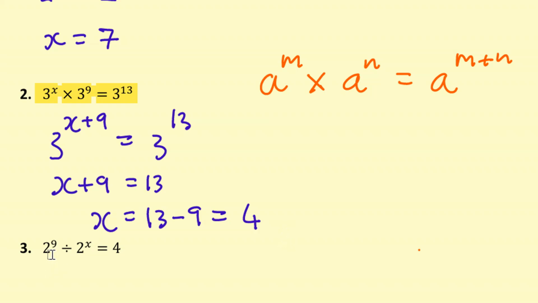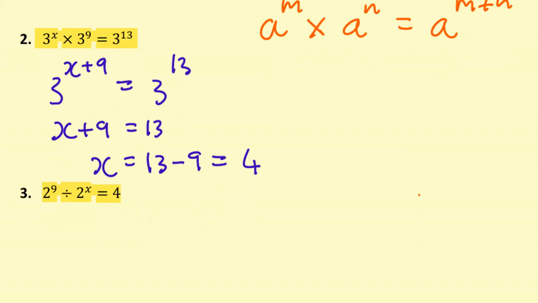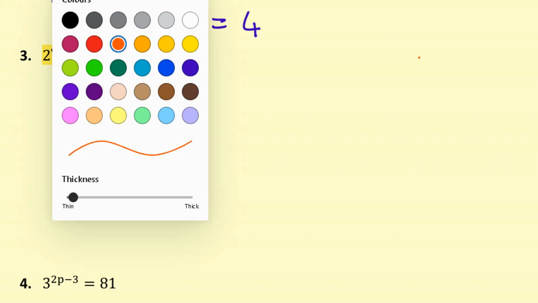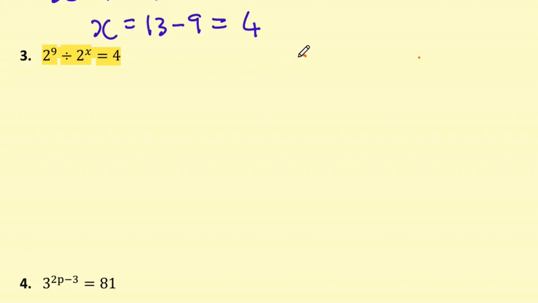Let's look at number 3. We have 2 to the 9 divided by 2 to the x equals 4. We're first going to simplify the left-hand side by using the following exponential law: a to the power m divided by a to the power n equals a to the power m minus n.